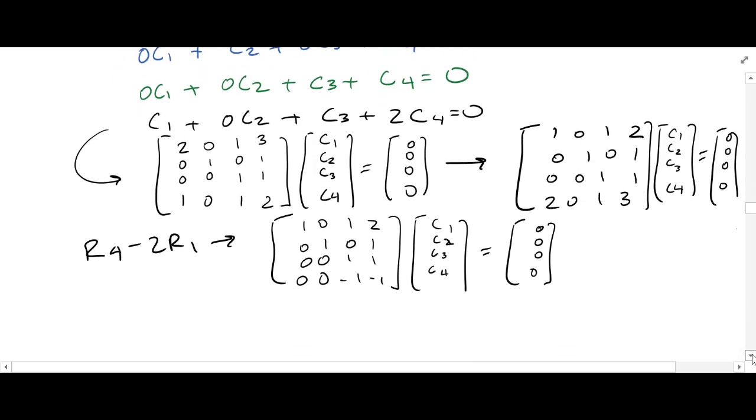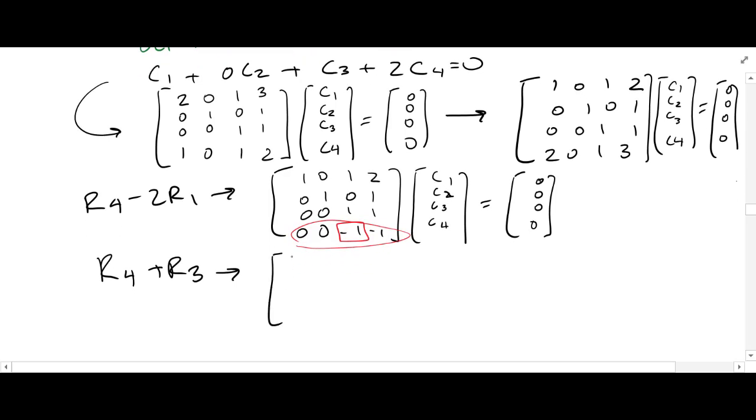And then we'll reduce this to a 0, but the last row, row 4, is just -1 times row 3. So we'll get a row of zeros here. So we'll do row 4 plus row 3, and you end up with a row of zeros.